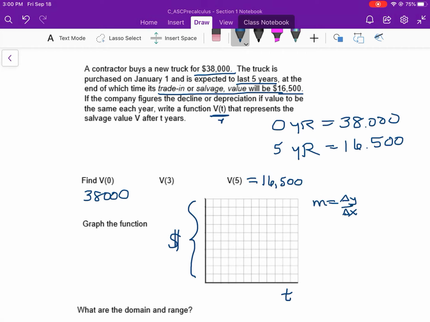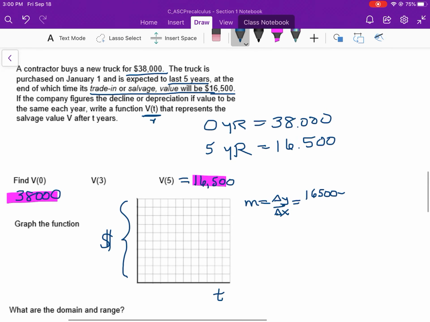So I'm going to subtract my monies. I'm going to subtract 38,000 and 16,500, and it has to be negative because it's depreciating. So I'm going to subtract so that it's negative: 16,500 minus 38,000 over my time, which is 5 years.